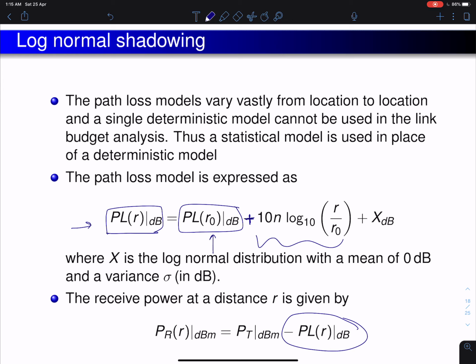Now what I've shown here is the path loss model, the path loss at a distance r. If you recall, the path loss on a logarithmic scale will look like this. This is a deterministic model, which means at a distance r0 I know the path loss, and at any distance I can exactly tell you what the path loss is. But instead of that, I'm going to add a variable x in decibels.